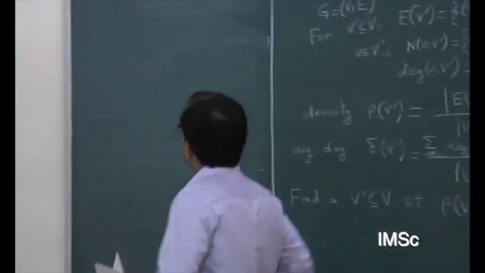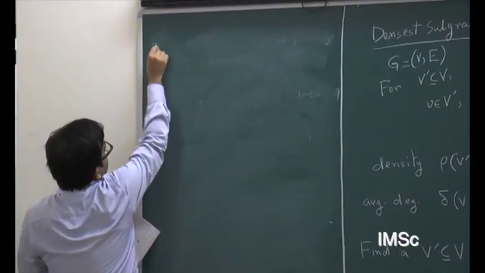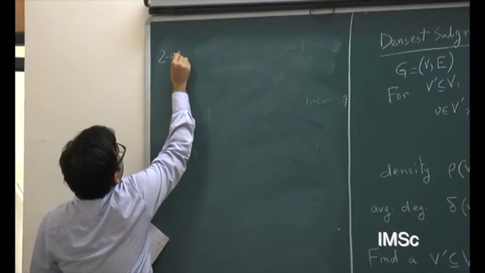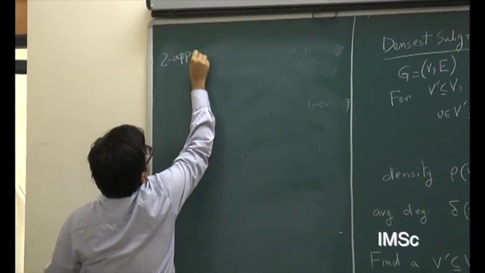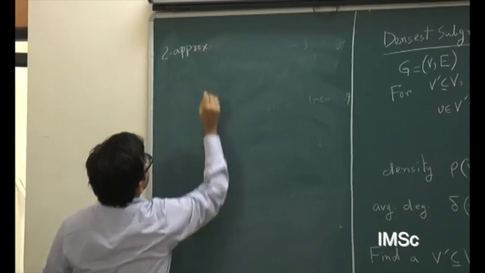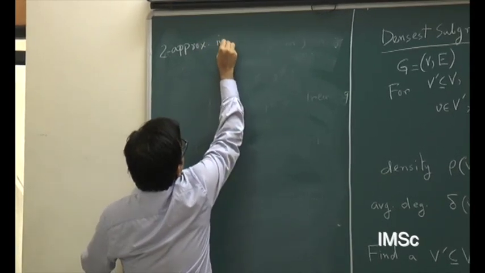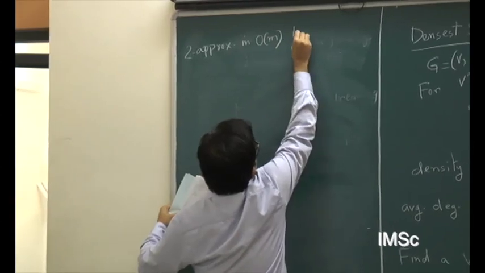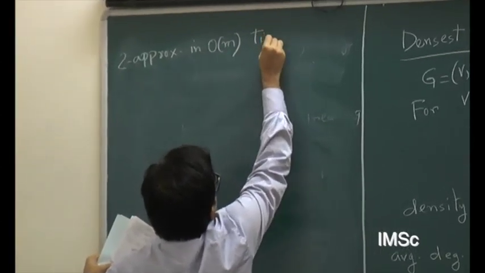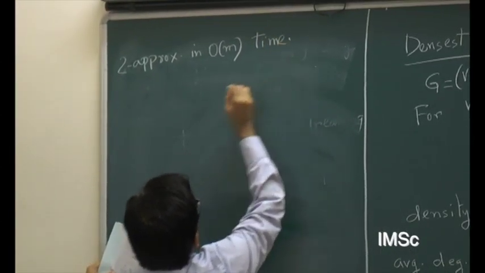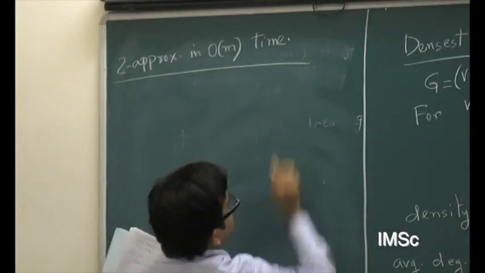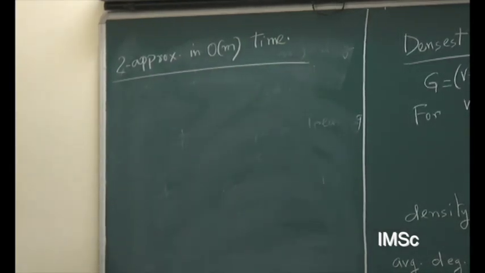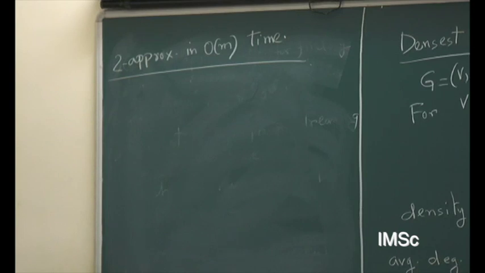So, using this lemma, we can get a 2 approximation in linear time, where m is the number of edges. Okay, any idea how will that go?